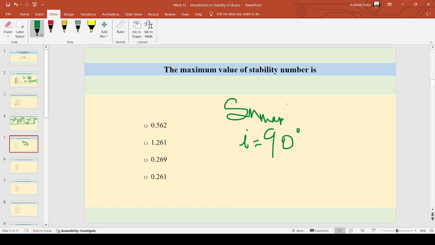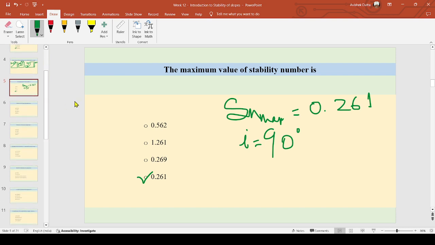From the chart, for slope angle 90 degrees, the maximum value of stability number, that is Sn max, will be equal to 0.261. Yes, this is the correct answer. The chart is given till 0.24, but the maximum value is 0.261. So the maximum value of the stability number is 0.261 for the slope angle i equal to 90 degrees. I hope it was clear.